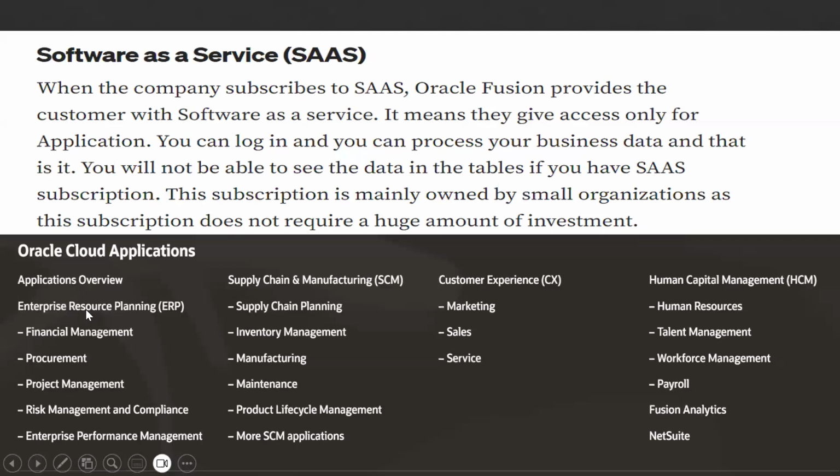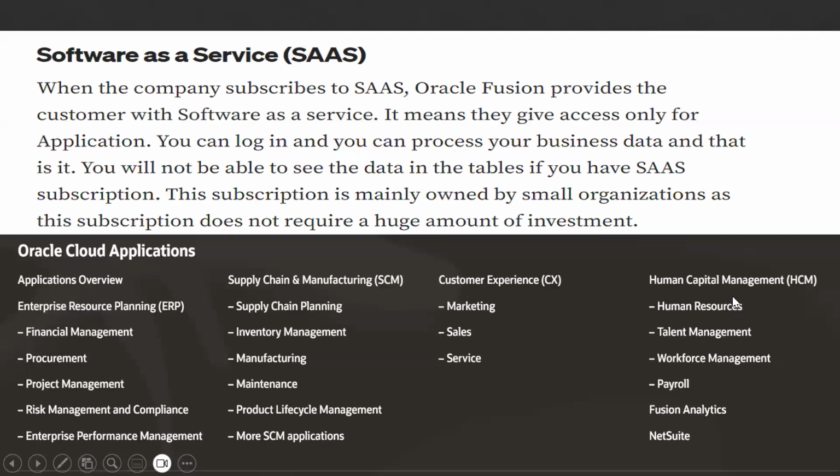The applications included at the SaaS level are ERP, SCM, CX, and HCM. You have heard about SCM and HCM. We are concentrating on ERP applications. SCM is different, CX is different, and HCM is different. Let me clarify that.